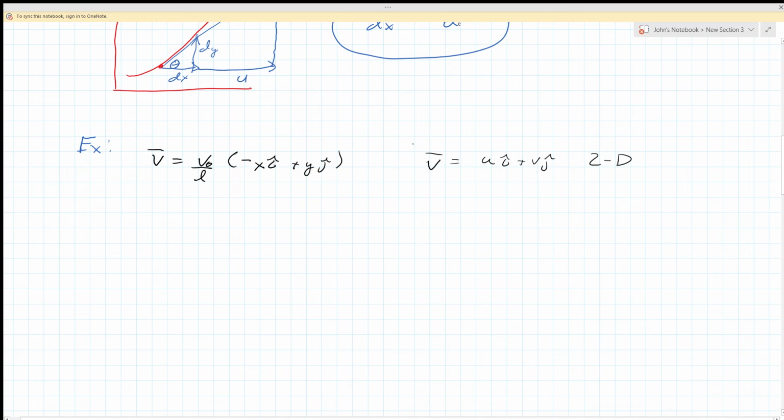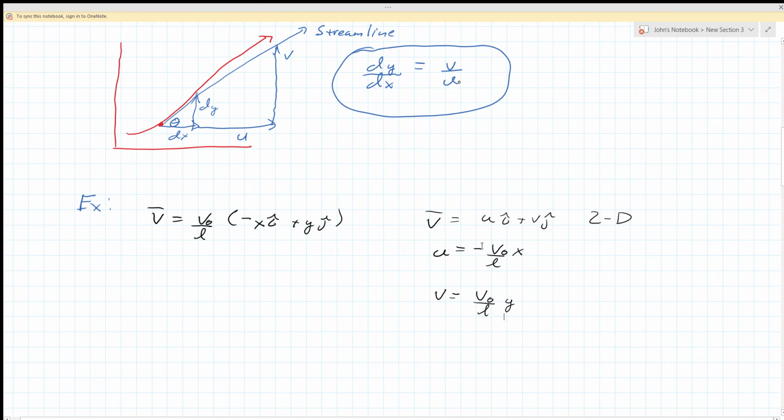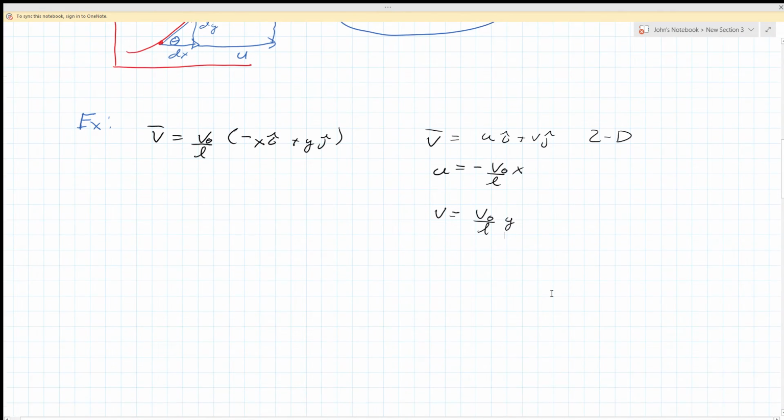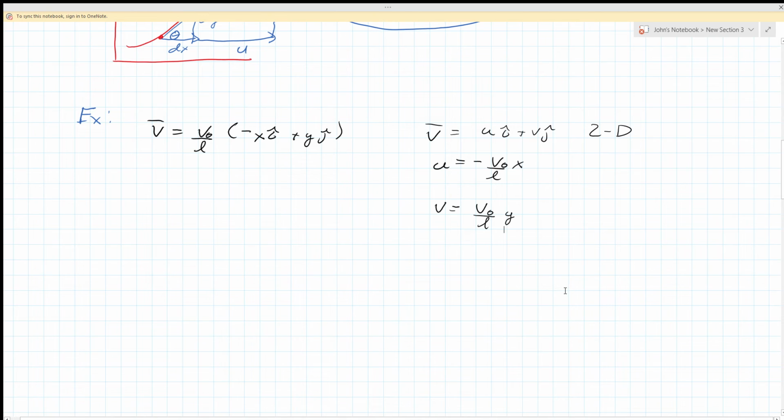What is u? u is equal to negative v naught over L x. What is v? v is equal to v naught over L y. Now that I know what my u is and what my v is, I can substitute into my streamline equation and calculate the equation of my streamline.